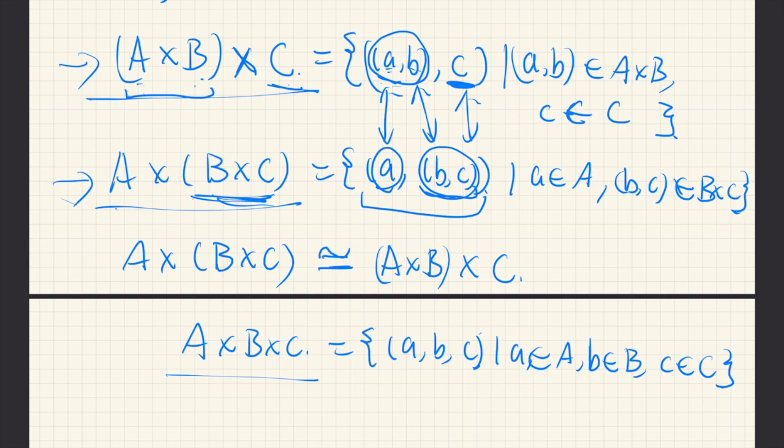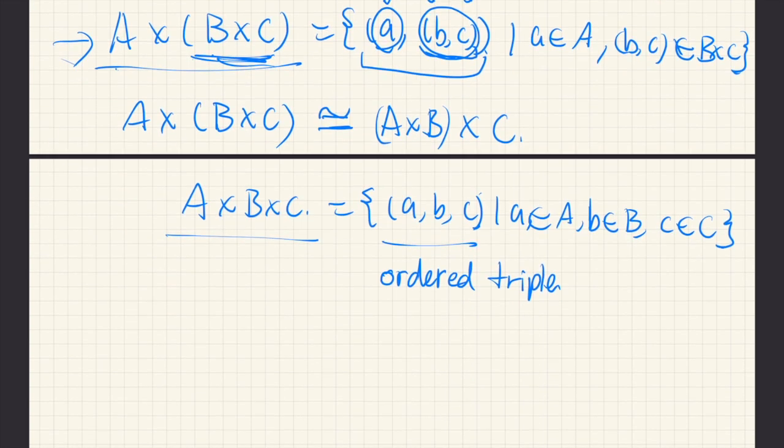So we can simplify the notation a little bit. These are ordered triples. And we can continue this as much as we want. So let's say we have sets A1, A2, and so on up to An.